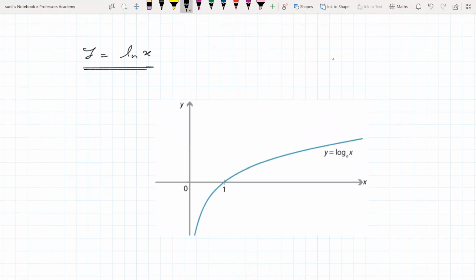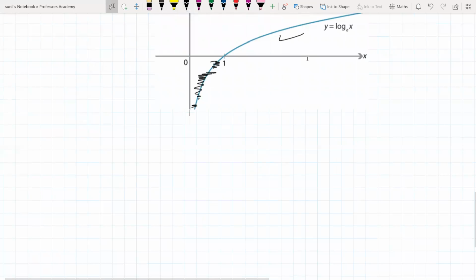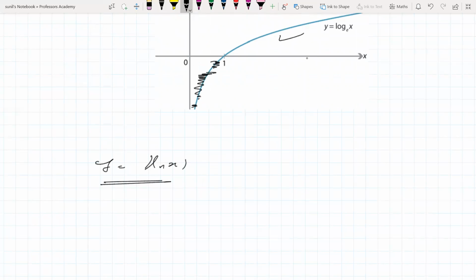For the graph above the x-axis, there is no change, but below the x-axis, this portion, in case of mod of ln x, whenever this portion is below the x-axis, we want to take the reflection about the x-axis.